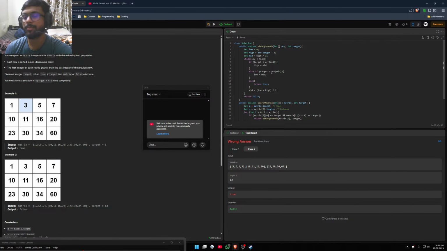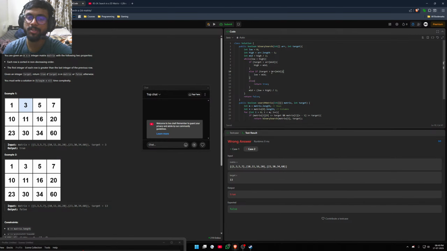So 0 will become 1. Again we are calculating the mid, which is low plus high, 1 plus 3 by 2, which is 4 by 2, which is 2, which is 16 here.